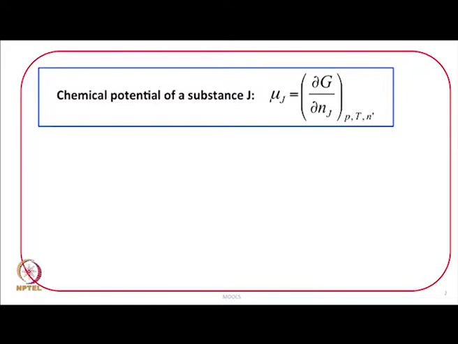So, therefore, chemical potential of a substance J is the change in Gibbs energy when 1 mole of that substance is added to that mixture under the conditions of constant pressure, constant temperature and the composition of everything else also constant other than the substance J itself.